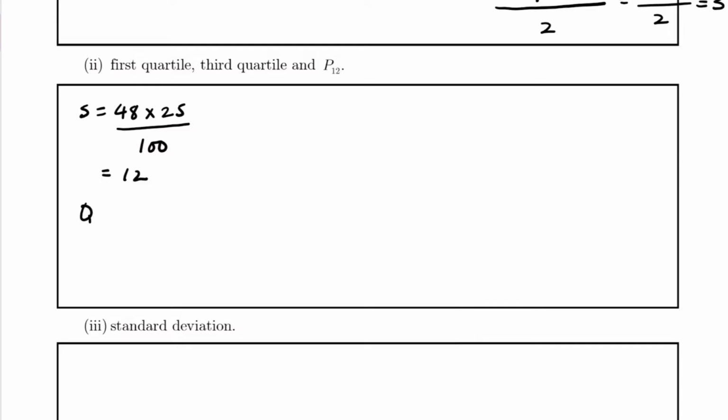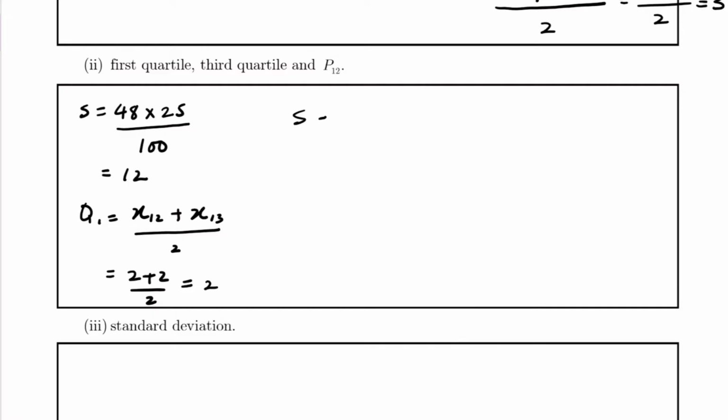So Q1 is equal to the 12th data plus the 13th data over 2. So we'll get 2 plus 2 over 2, which is equal to 2 as our Q1.